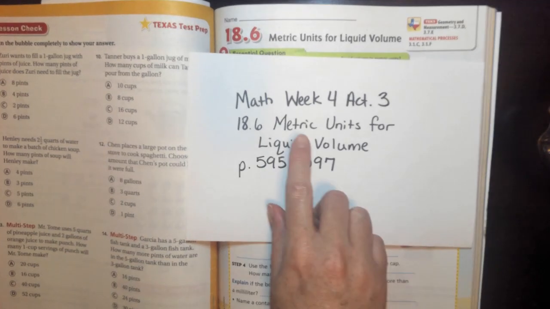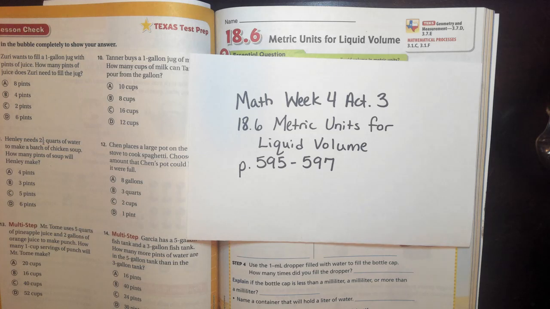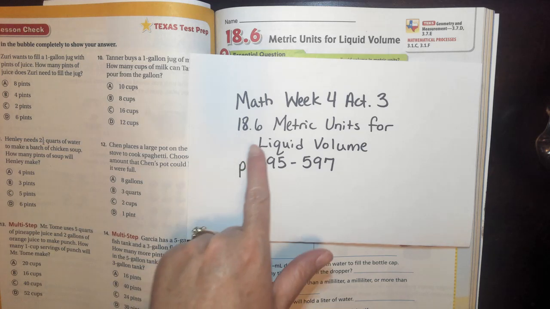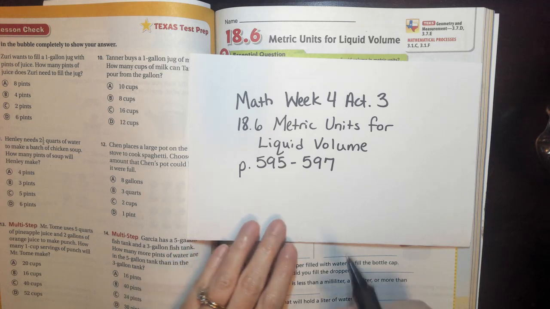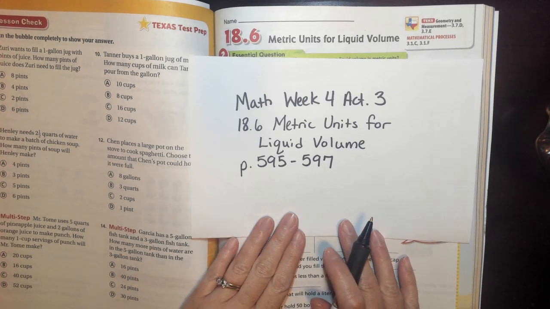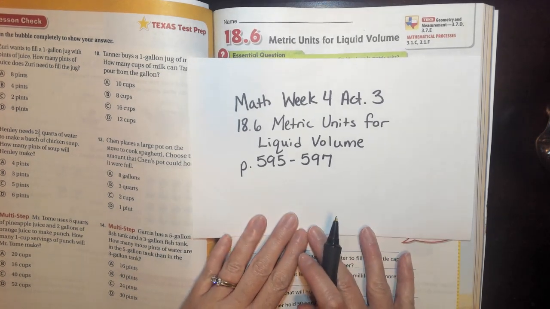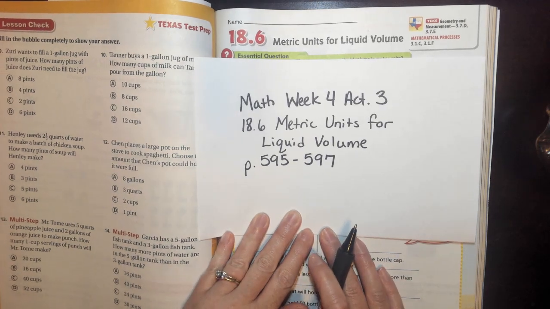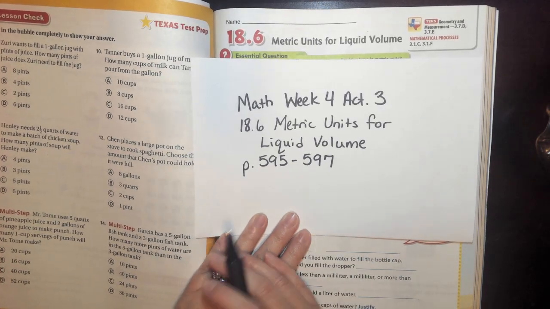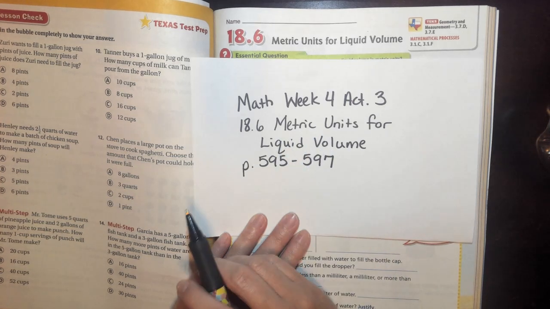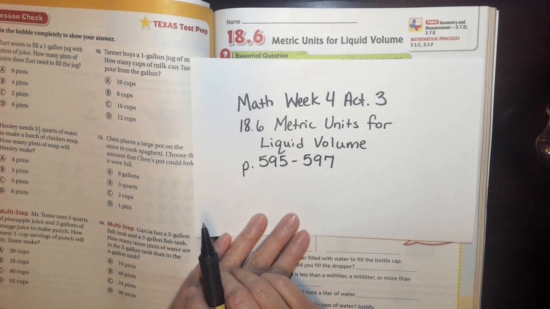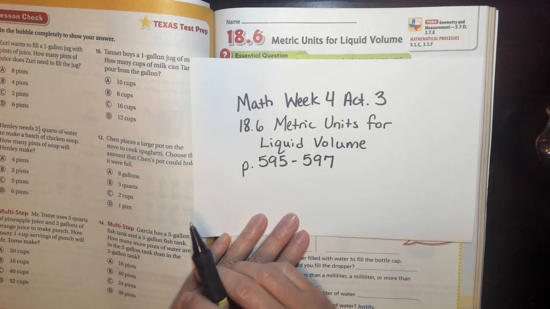Alright, we're looking at our week 4 activity number 3, lesson 18.6, and today we're going to talk about metric units for liquid volume. The last 2 days we looked at customary units, which is the system we use a lot here in the United States, and some other countries do as well, but the majority of the world uses the metric system, especially when we're talking about scientific measurements.